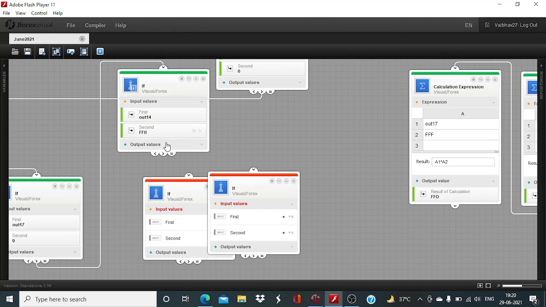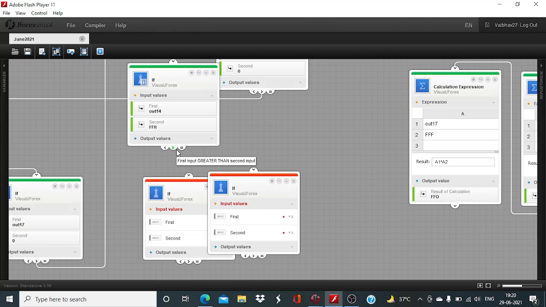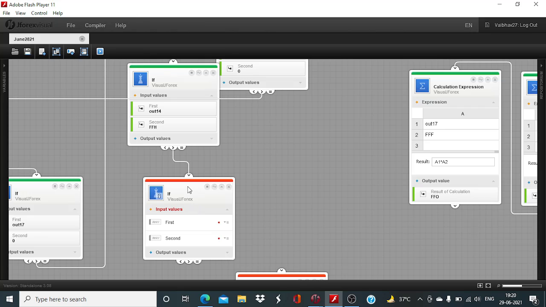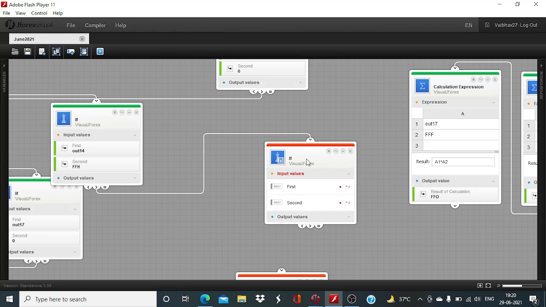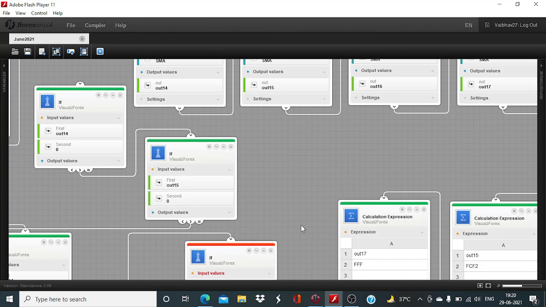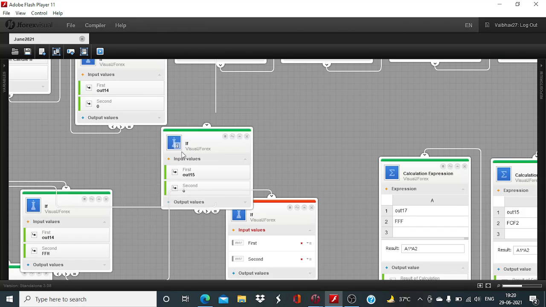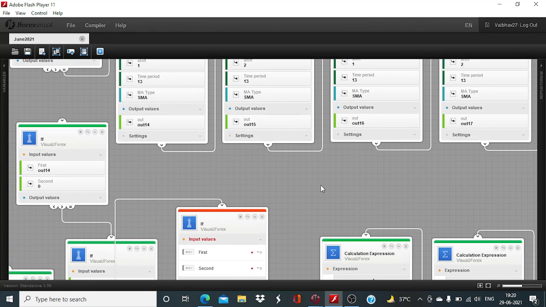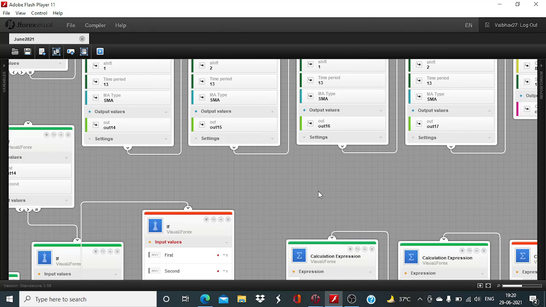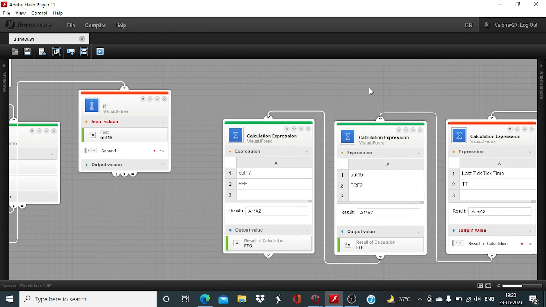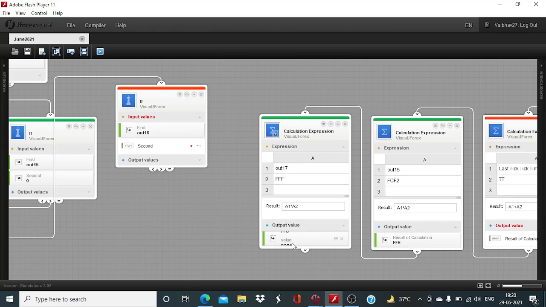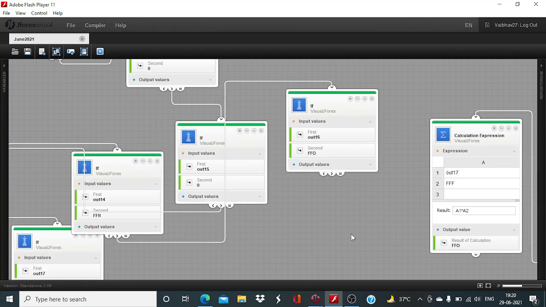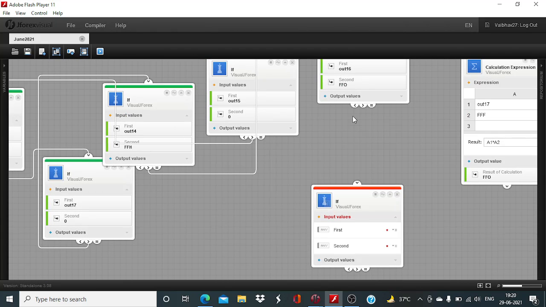So again, first input greater than second input. And out 16 will need to be greater than 5 times of out 17, which is FFO. Again, first input greater than second input.